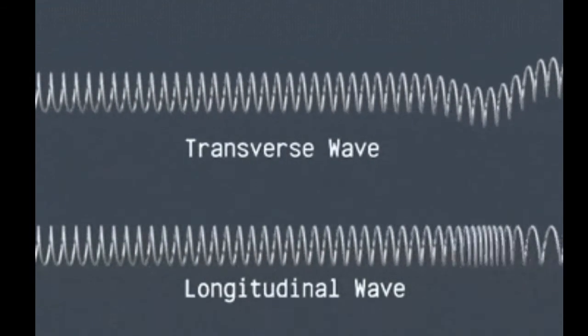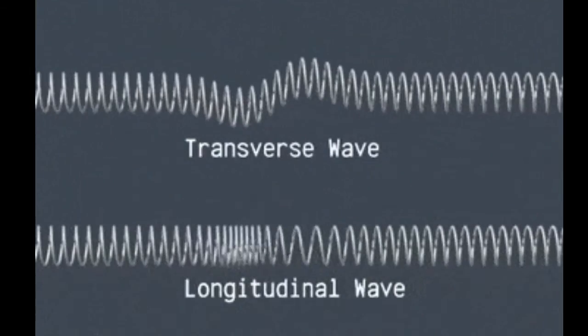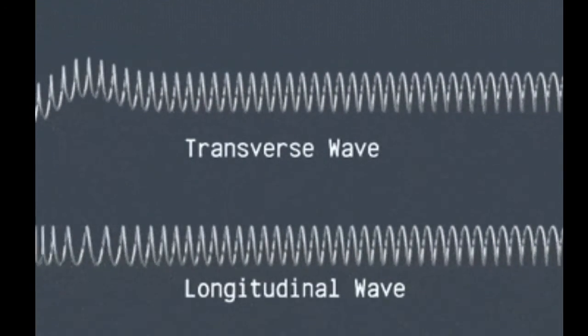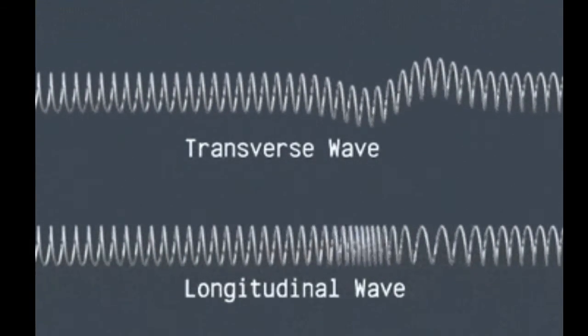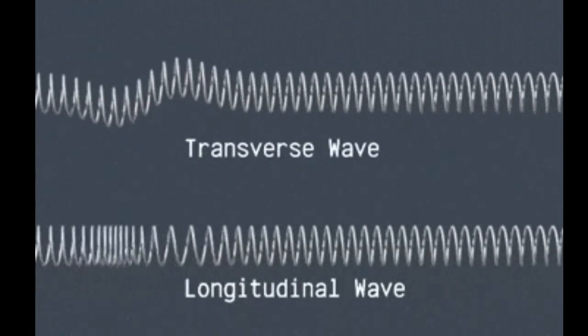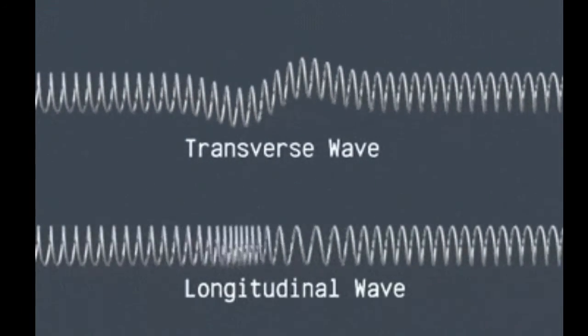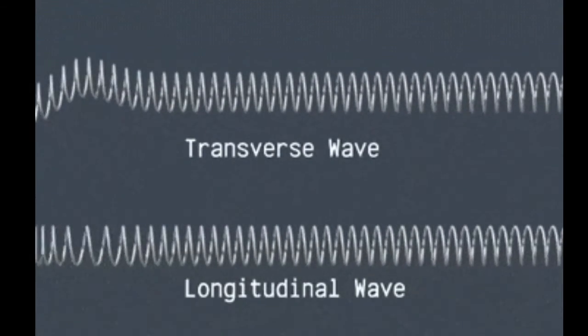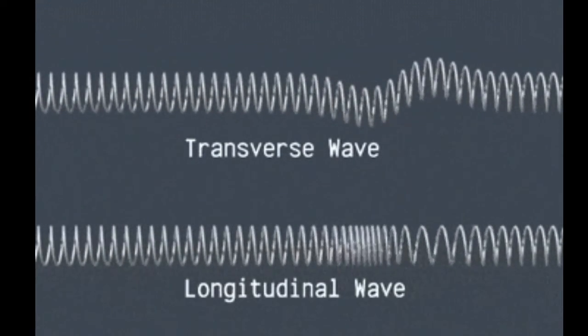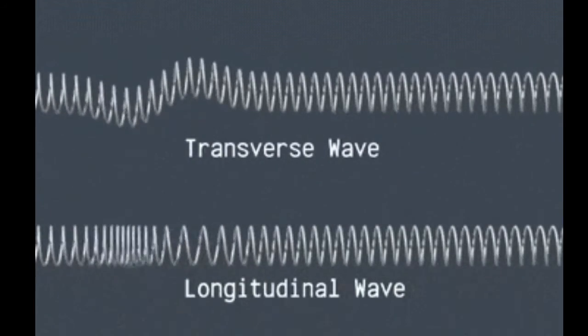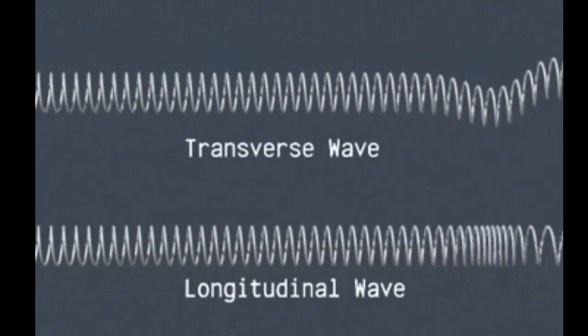And this would be like a guitar string, or just a wave on any string, really. Or maybe waves from an earthquake would be transverse waves. And then the bottom, the longitudinal wave, is where the displacement from equilibrium is in the same direction as travel.